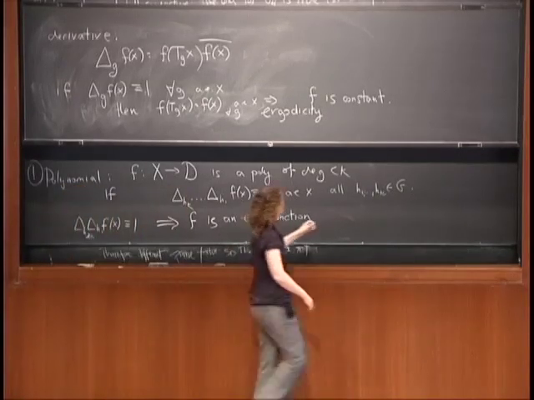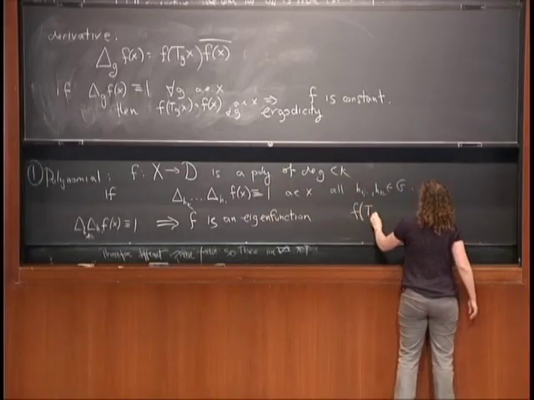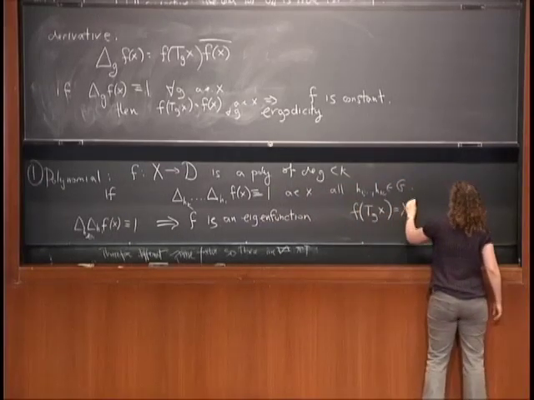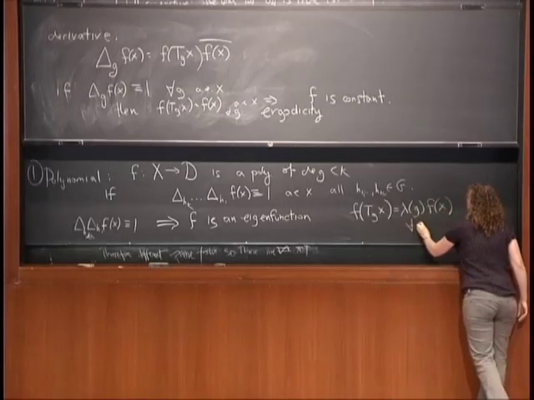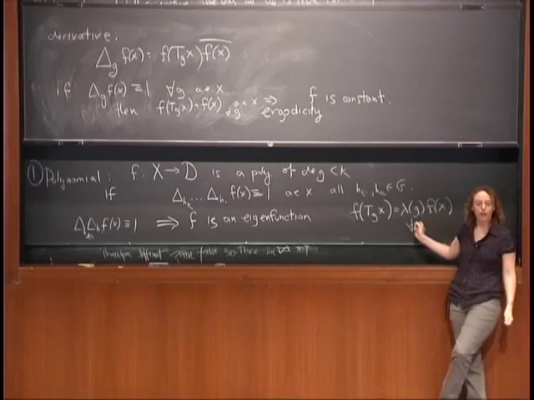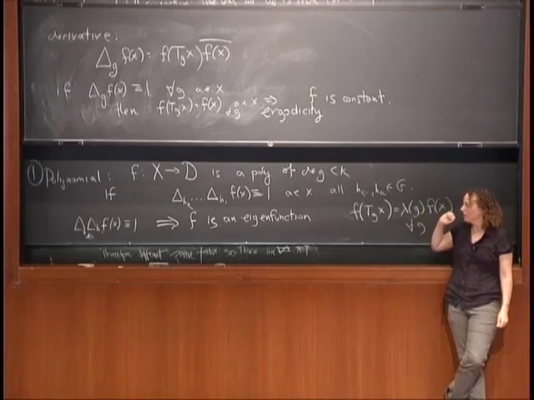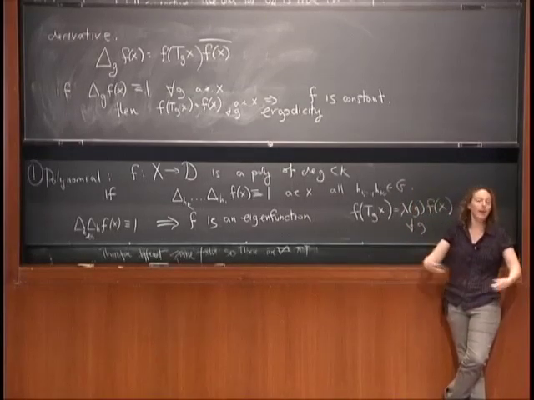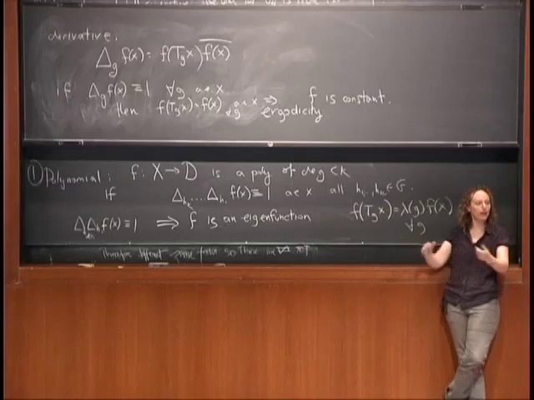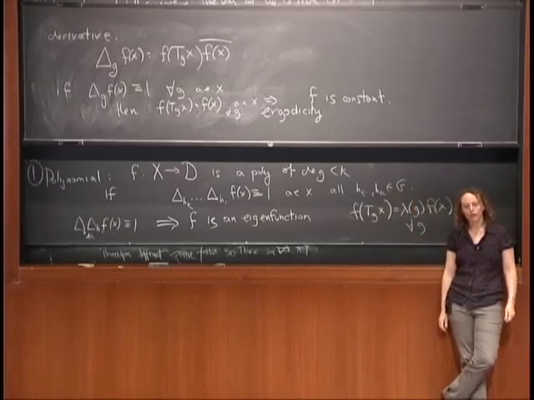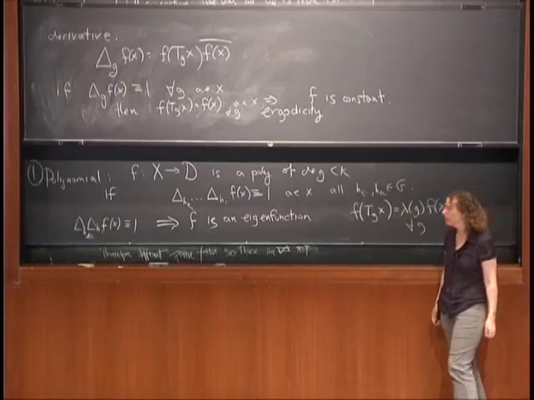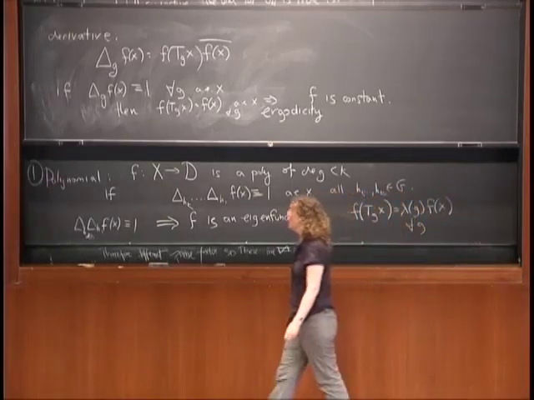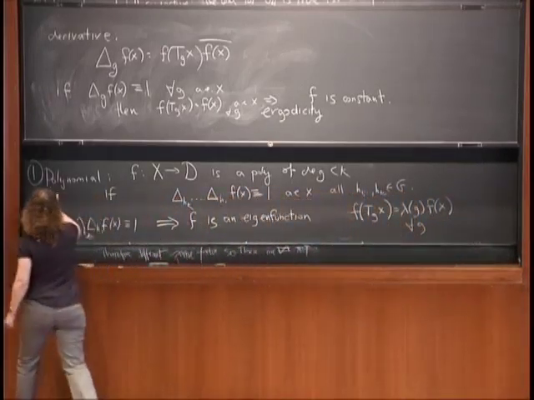So f is an eigenfunction; this is the same as saying that f of tgx is some lambda depending on g times f of x for every g. If you have many of these, you can call them k-order eigenfunctions. So a polynomial is like the previous definition, a step k eigenfunction, or smaller than k-order eigenfunction.